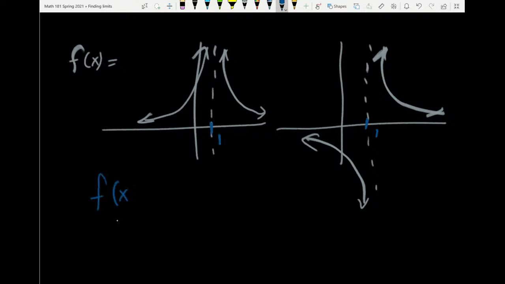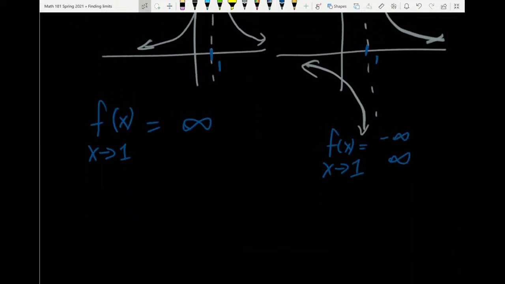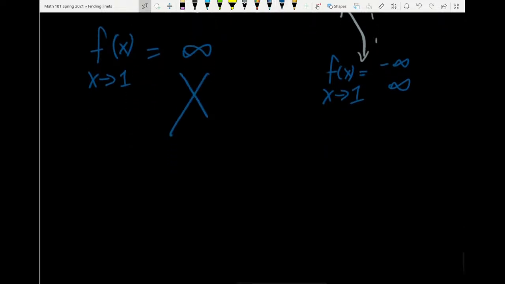If you look at it in both of the cases, as x goes to 1, first one you get infinity, the second one, as x approaches 1, you get negative infinity and positive infinity. The first one sounds like it should work because it goes to the same positive infinity, but no, because infinity is not a point you could reach. So we call this limit does not exist, and it's also called an unbounded limit.